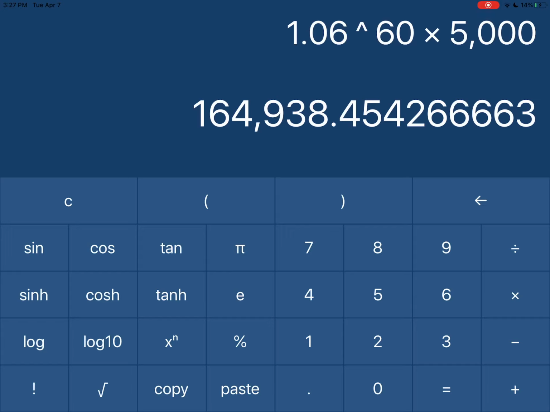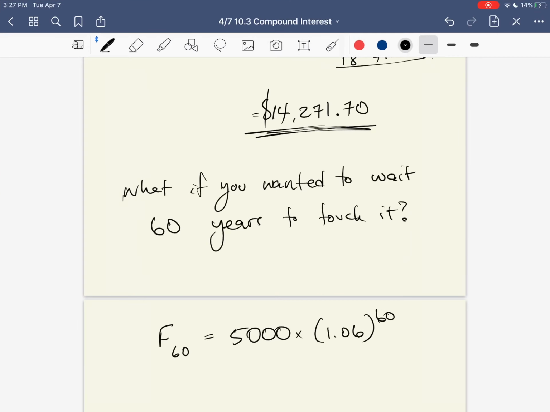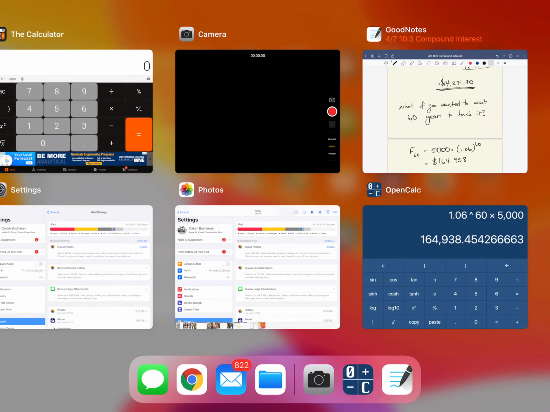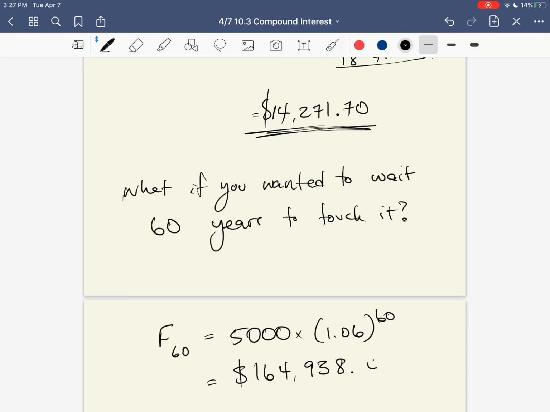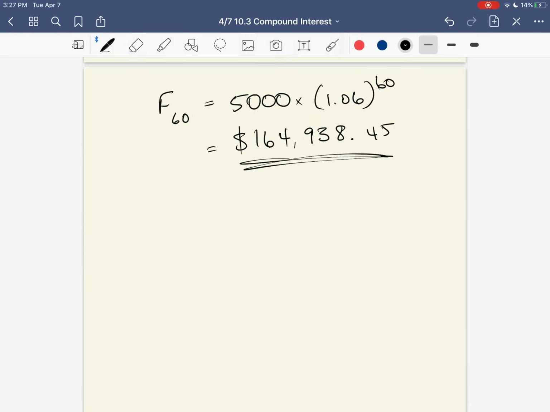And look at that, nearly $165,000 will have accumulated from just your 5,000 that you had in there at the beginning. So that's 164,938 and, I don't know, 45 cents. All right, so that's quite a big number. I mean, that's a big difference. So don't touch it.